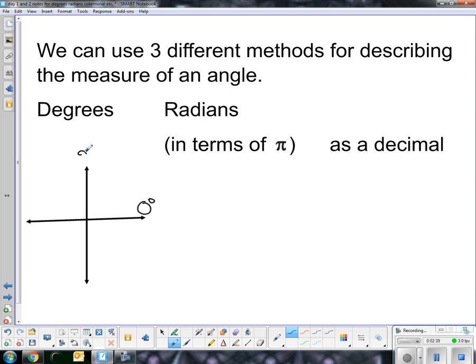And then your first right angle would represent 90. And then to the negative x-axis would represent 180 degrees. And then another 90 degrees would be 270. And a complete revolution would be 360.